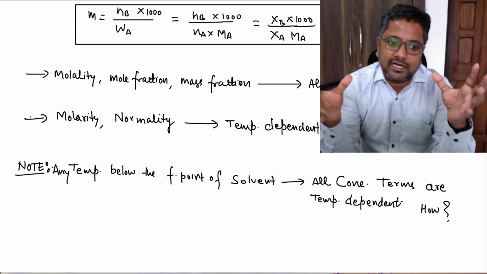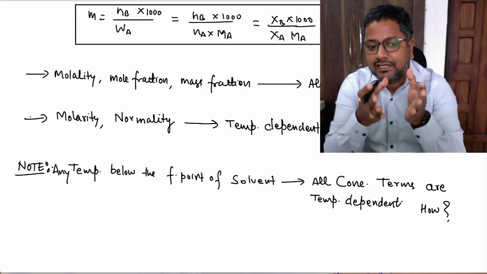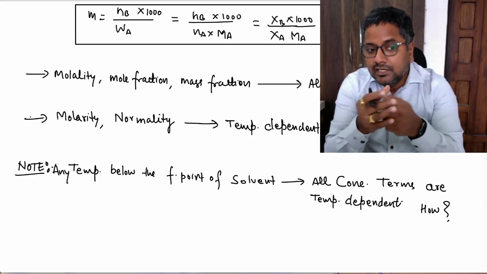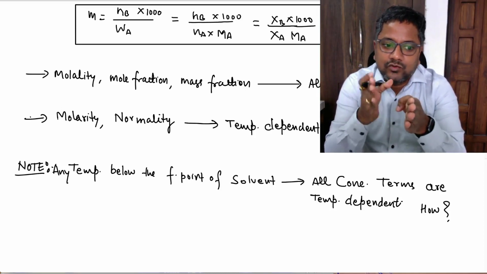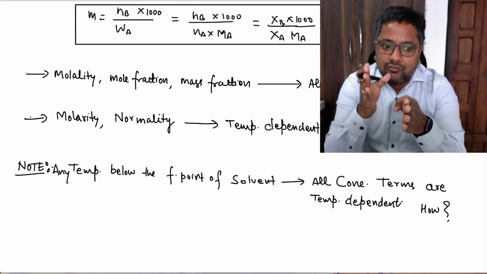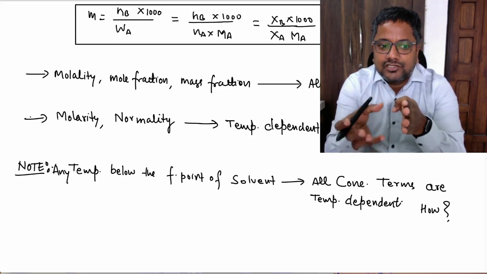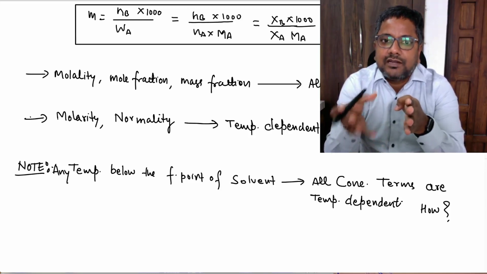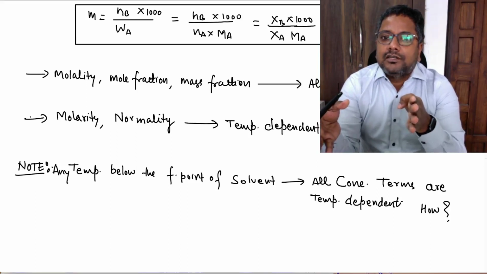Ice will separate out. Suppose you have decreased the temperature to -5 degrees Celsius; at -5 degrees Celsius, the whole water will not freeze. Whatever amount of water is frozen at that temperature will constitute the heterogeneous part of the system, and it will not be included in the concentration.